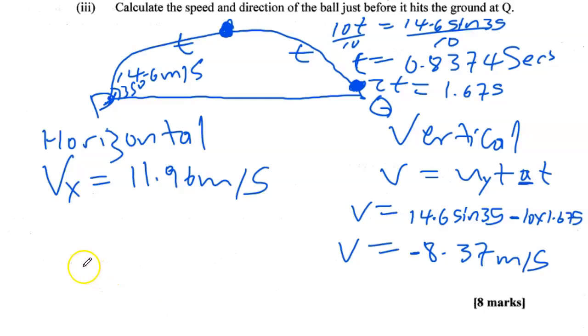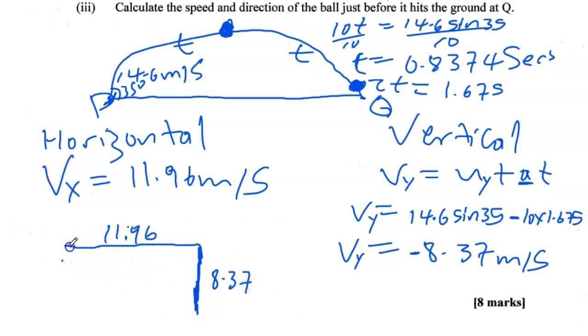So to do a little sketch, the horizontal component of the velocity is 11.96, and the vertical, V subscript Y, is negative, so its effect is going down. So this is 8.37.